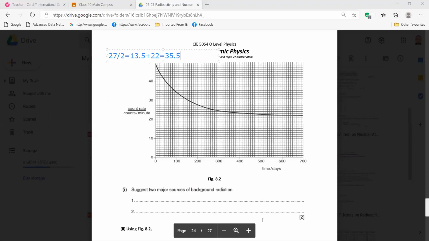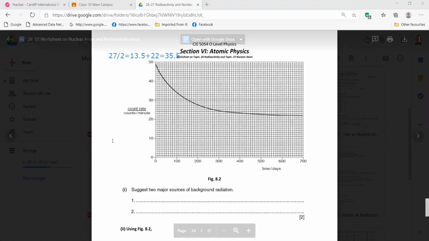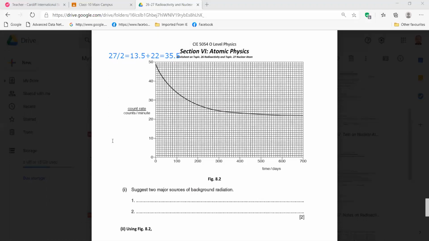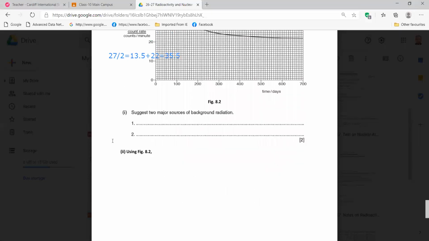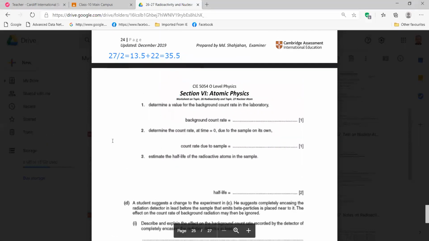Look, Yakin, we had two more steps before this step. I am explaining, no problem.